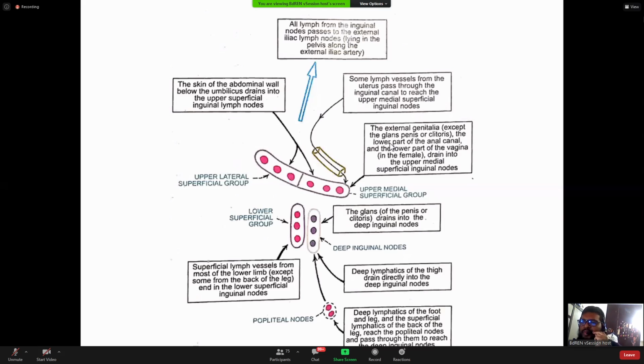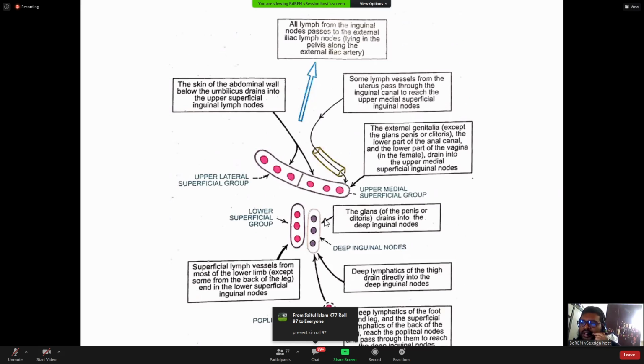But the upper medial superficial one gets supply especially from the external genitalia and the lower part of the vagina. But the glans penis and glans clitoris are not drained into the upper medial. Rather, they go to the deep medial inguinal node, called the lymph node of Cloquet.